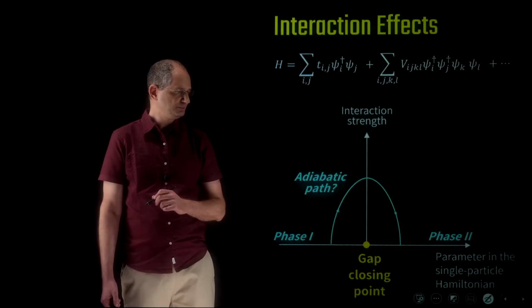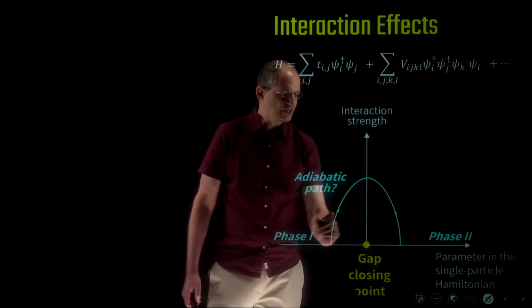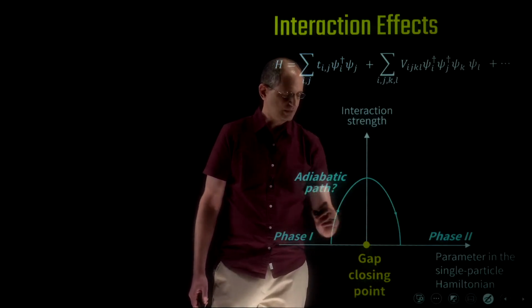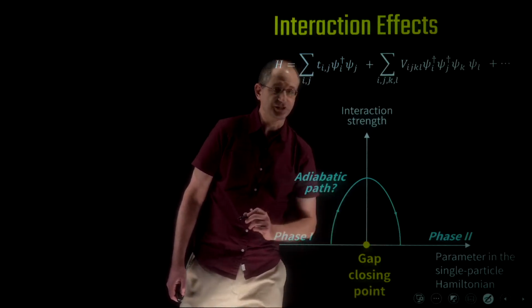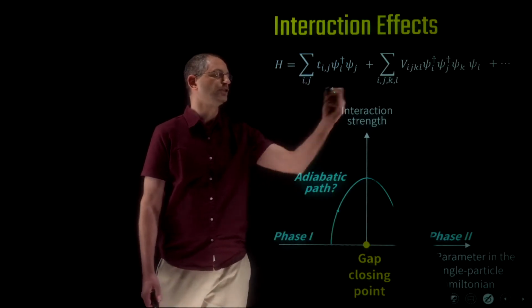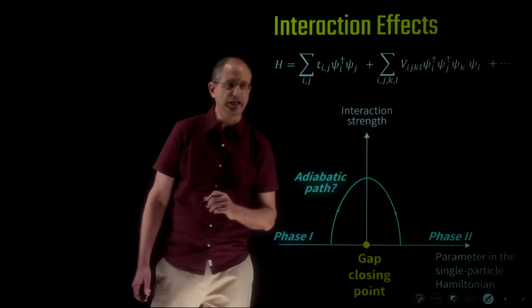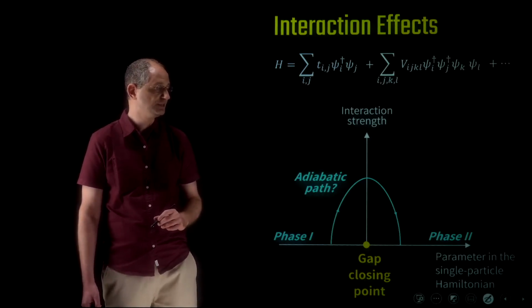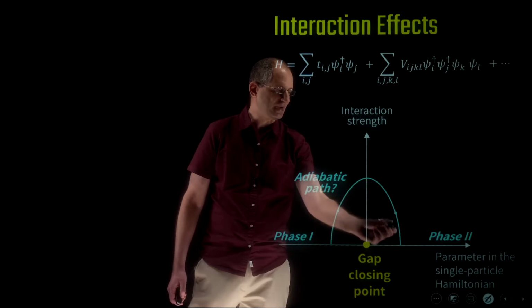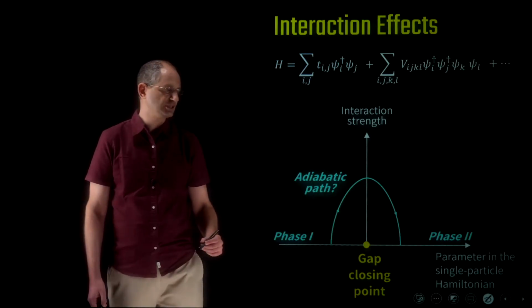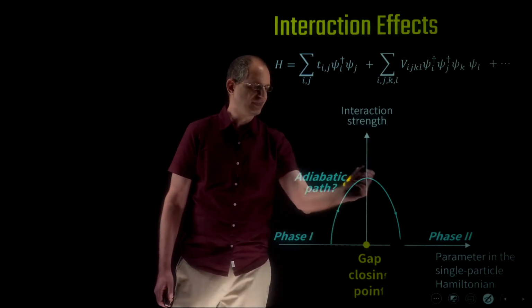The other option is that maybe the distinction between these two phases is only there in the absence of interactions. So once we turn on interactions, we have another possible axis of motion in phase space, and this allows for an adiabatic path that takes us continuously without closing the gap from phase 1 to phase 2.